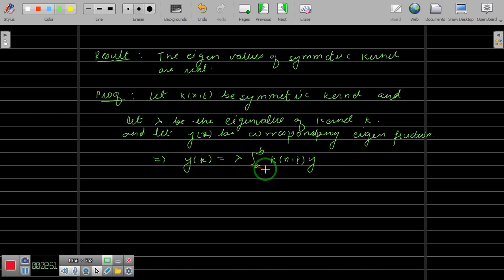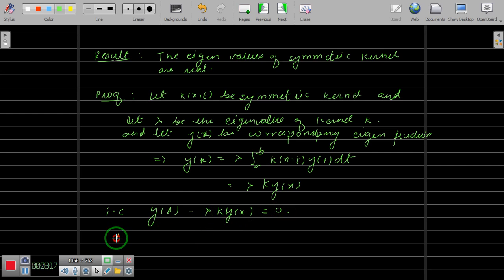Y of x is equal to lambda integral from a to b k x t y t dt, and this we will write as lambda k y of x. That is, y of x minus lambda k y of x will be equal to 0.